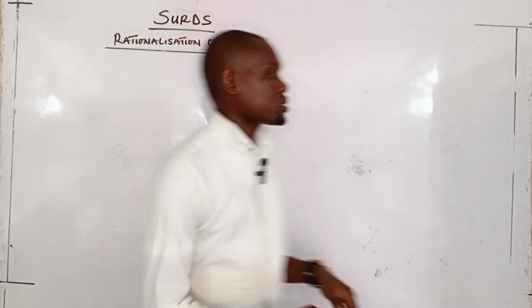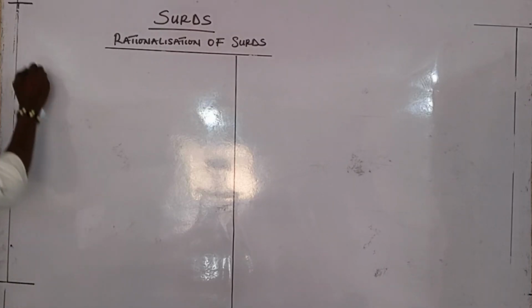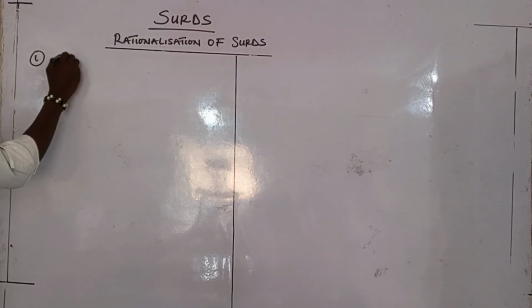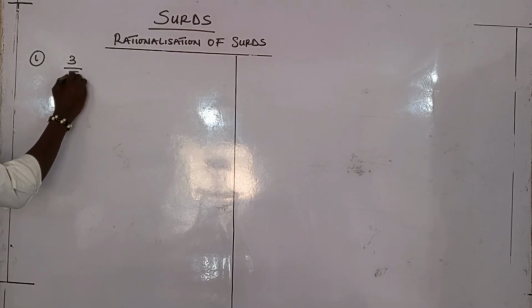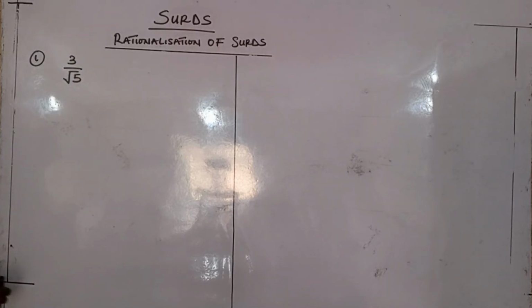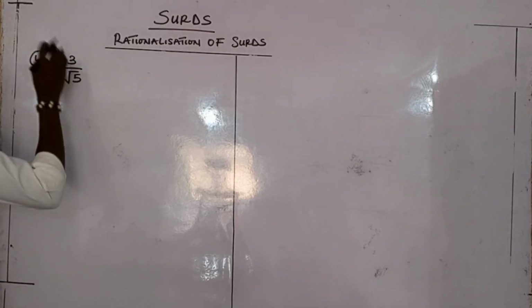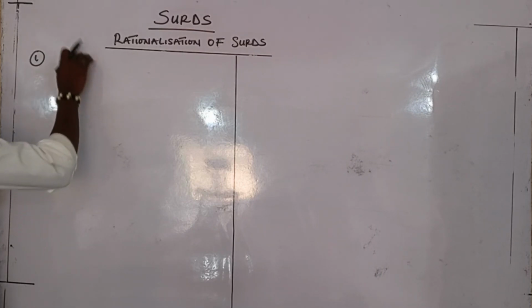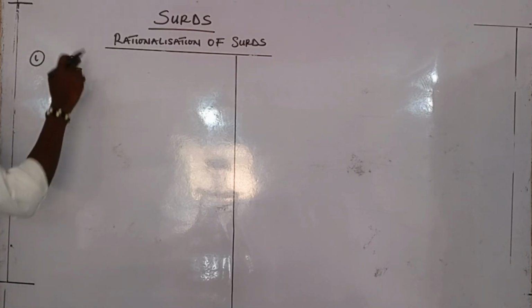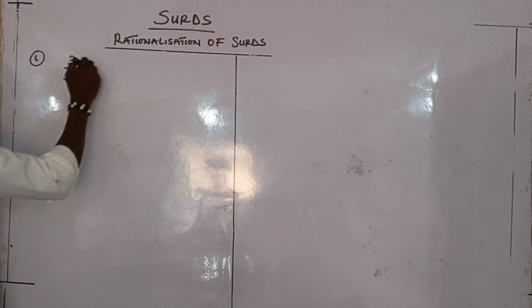For instance, let's say we have 3 over root of 5, and we are asked to rationalize this. To rationalize this simply means you have to multiply the numerator and the denominator by the denominator.